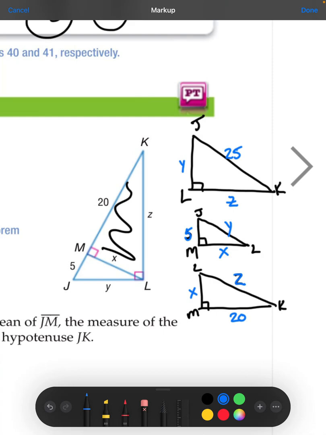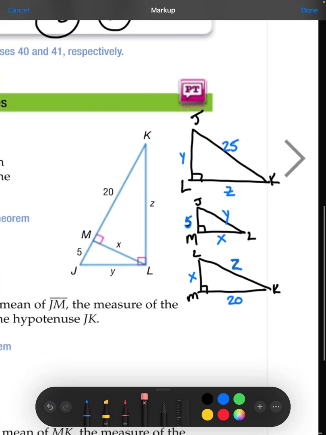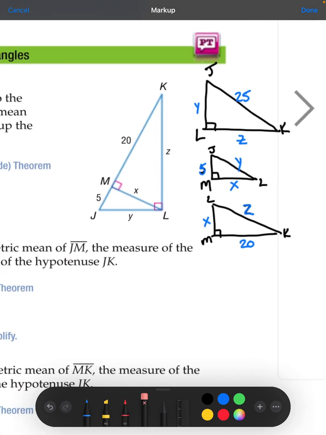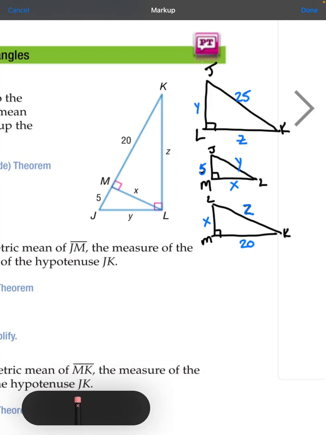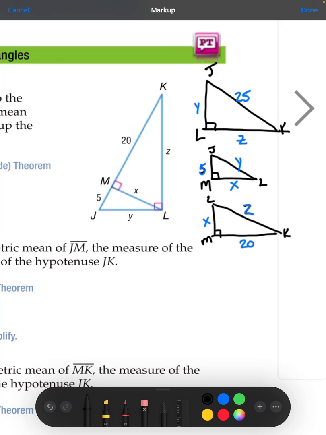All right, so what you've got here is 3 similar triangles to play with. And I'm seeing a relationship right here with the bottom 2, where I've got 2 X's. So what if I wrote something like 5, which is JM, is to X, so it doesn't matter which X, as X is to its 20.